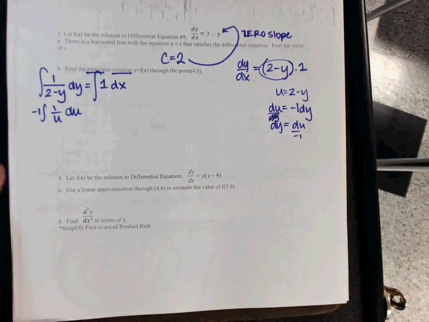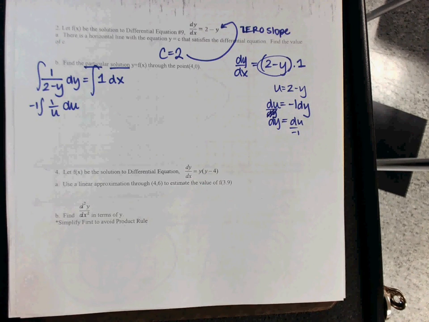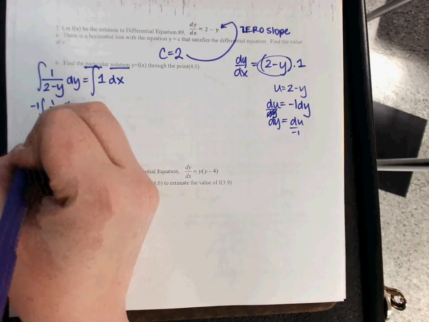And then when I move my dy up, that's why I don't have to do that here. Okay? Yes? So you had the 1 over u and then you just brought the negative outside. And remember that a negative 1 on top or on bottom won't make a difference. If it was any other number, I would have had to turn it into a fraction.